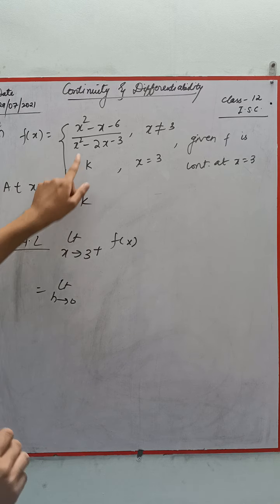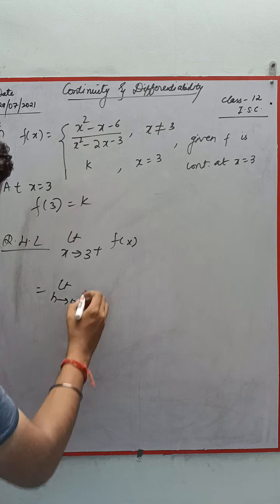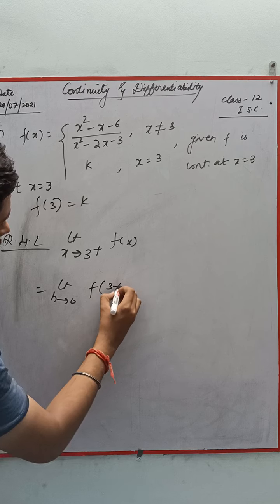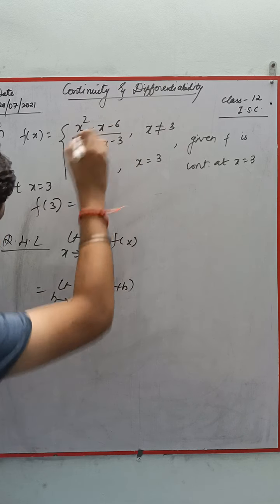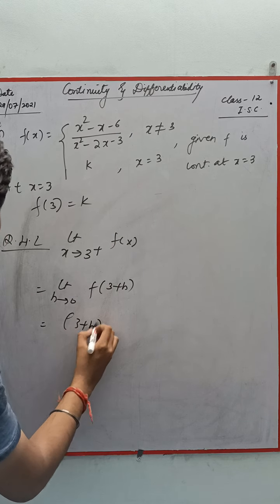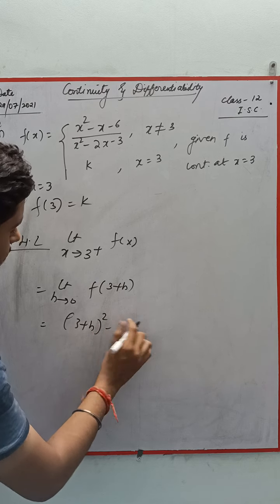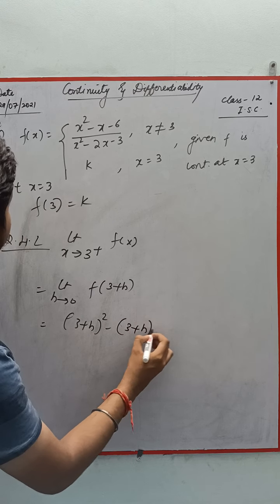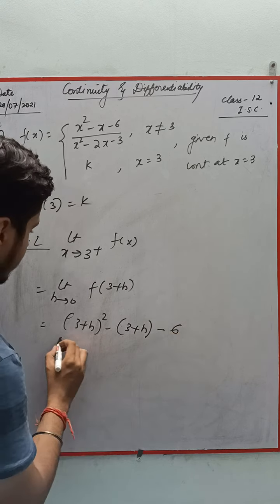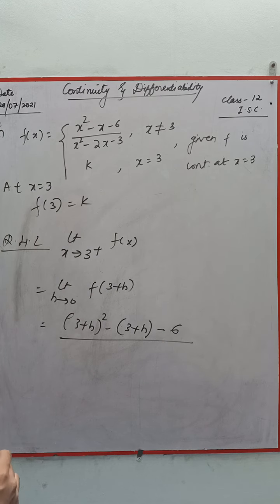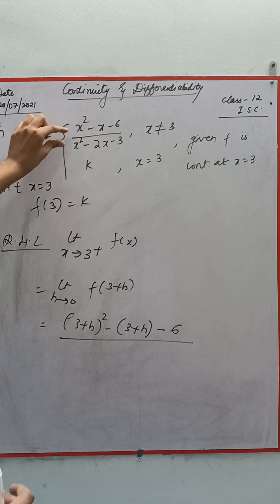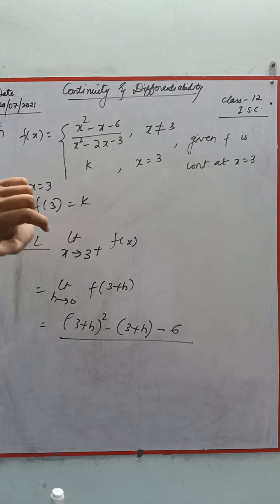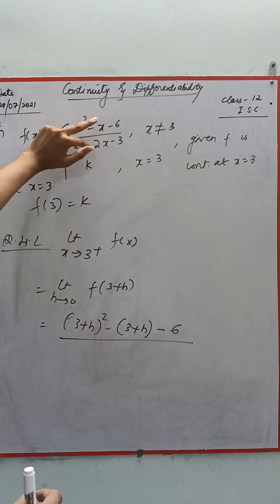So here h tends to 0, it will be what? 3 plus h, put, so 3 plus h the whole square minus 3 plus h minus 6 upon, wait, but first we have to check whether we are not getting 0 by 0 form, otherwise we need to solve this equation.